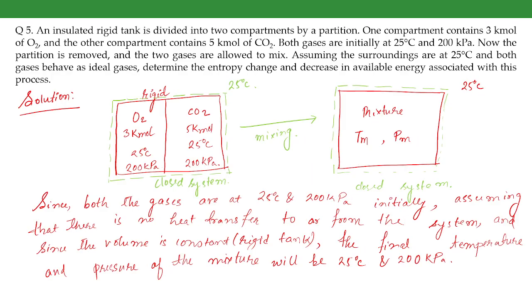Then what else do we have to determine? We have to determine the decrease in the available energy associated with this process. The decrease in available energy is given by a theorem called the Gouy-Stodola theorem, which links the exergy or the loss in the available energy with the entropy generation for a process, or the net change in the entropy of the universe.